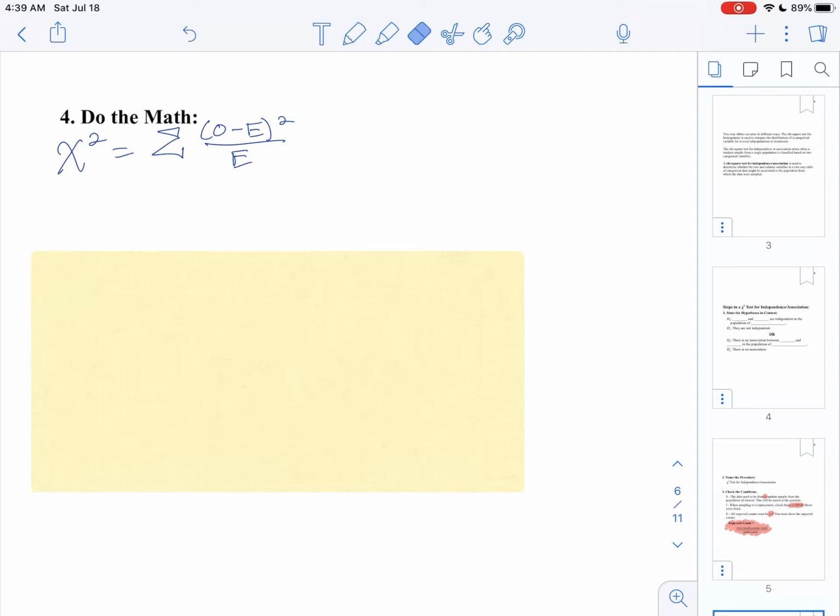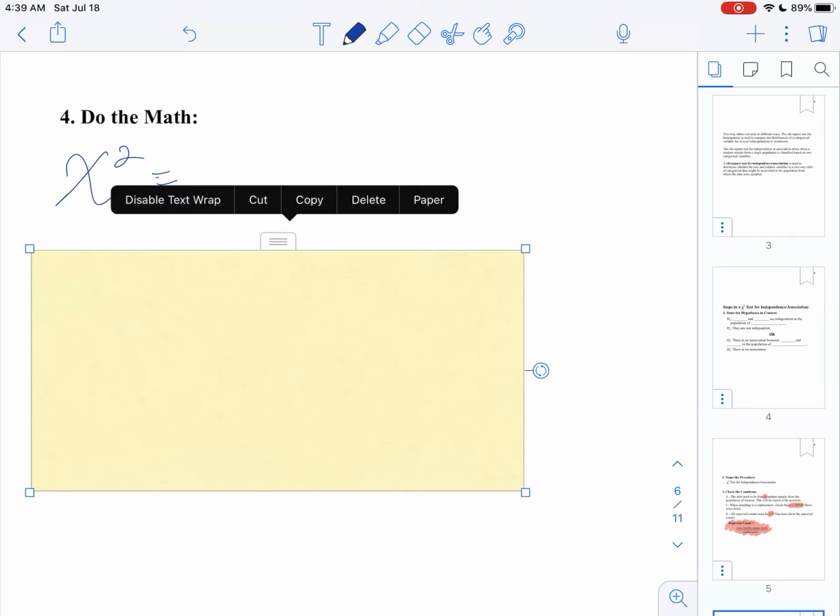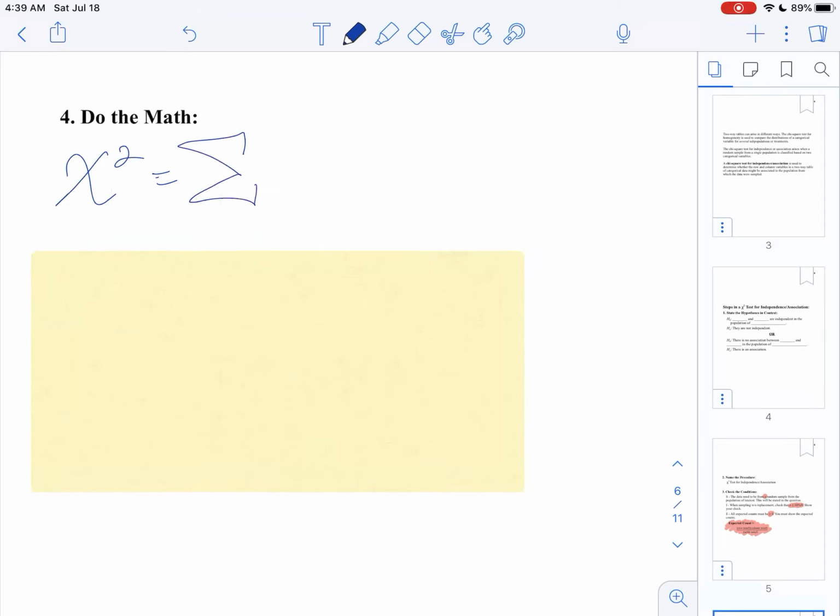I could have written that a little bigger, huh? Maybe I will do that. Chi-square is the sum of the observed minus expected quantity squared over expected.